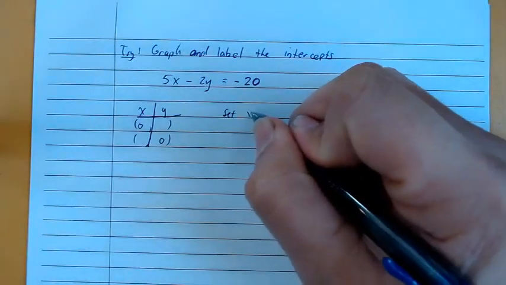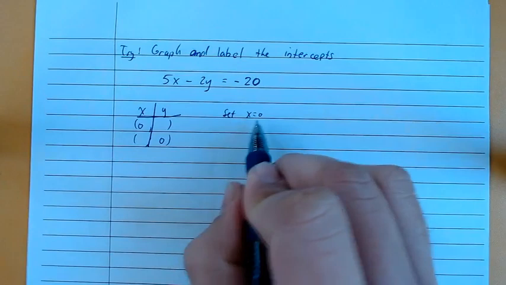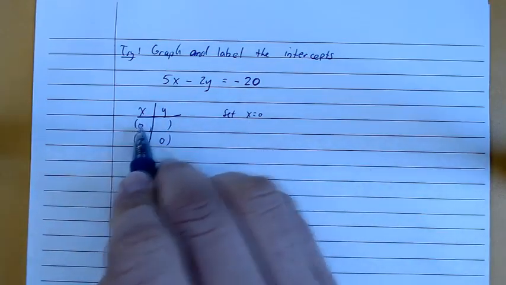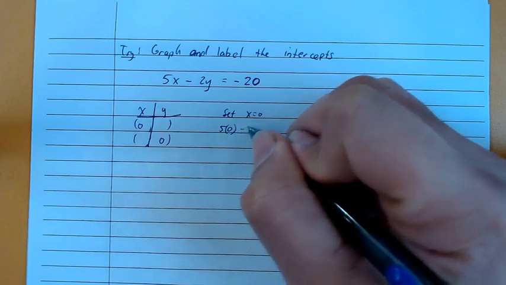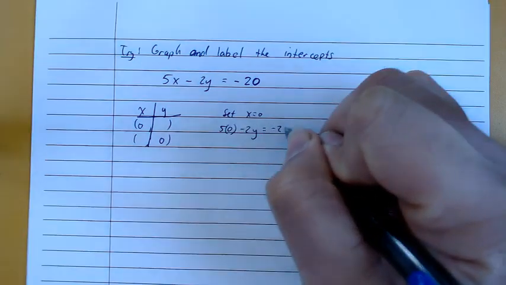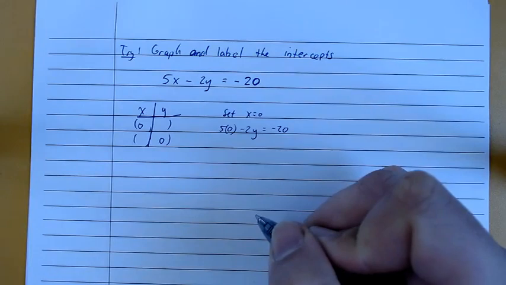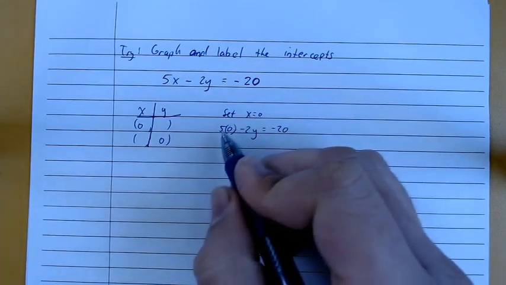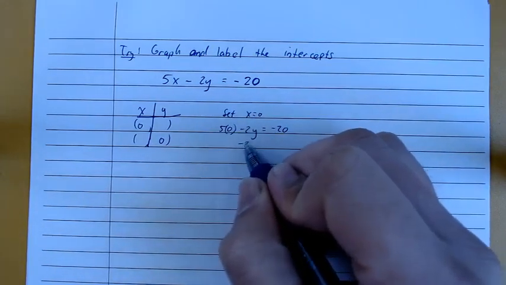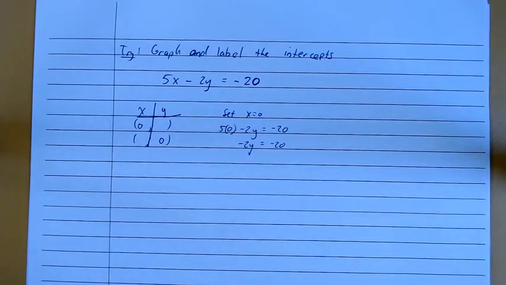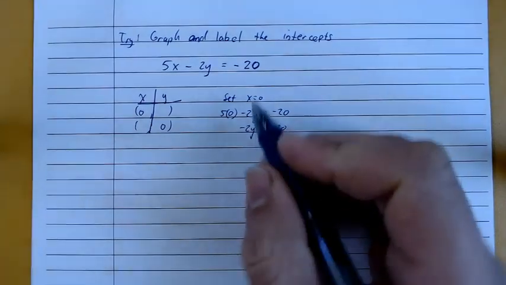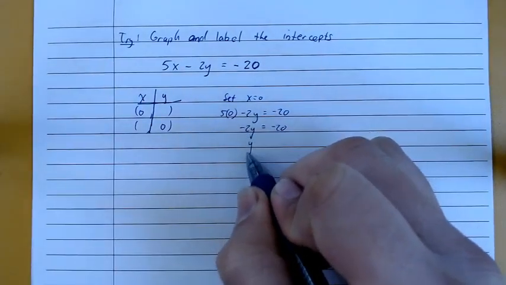I'm going to go ahead and set x equal to 0. Remember, that's my y-intercept. Right, so x equals 0. So that's going to give me 5 times 0 minus 2y equals negative 20. 5 times 0 is 0, so that goes away. It leaves me just my minus 2y equals minus 20. And then if I divide both sides by negative 2, this gives me just my y.